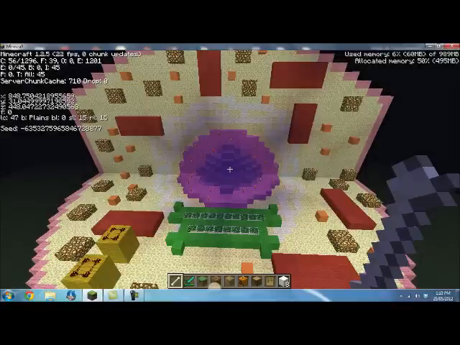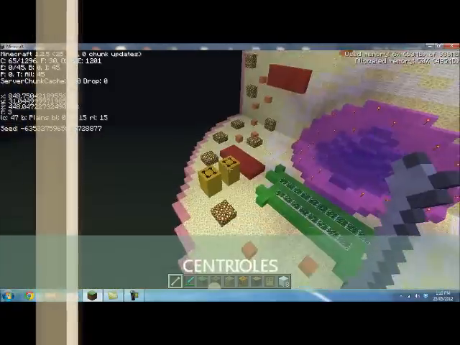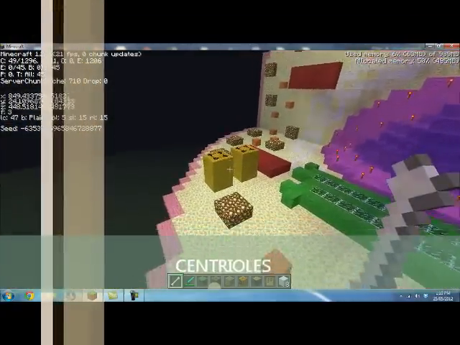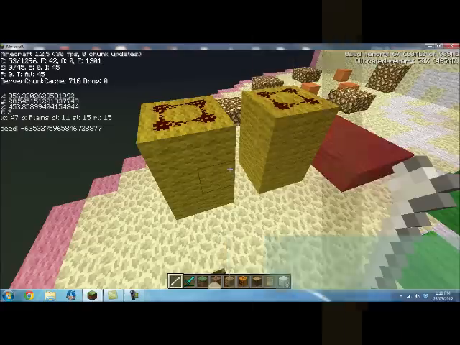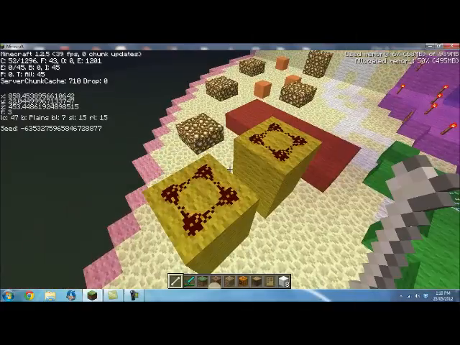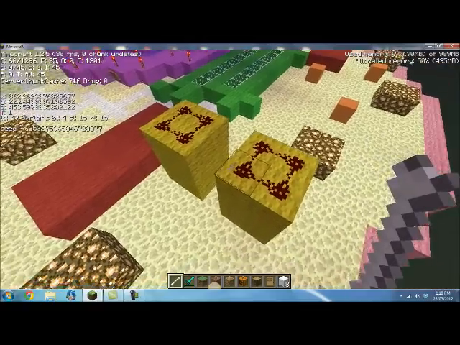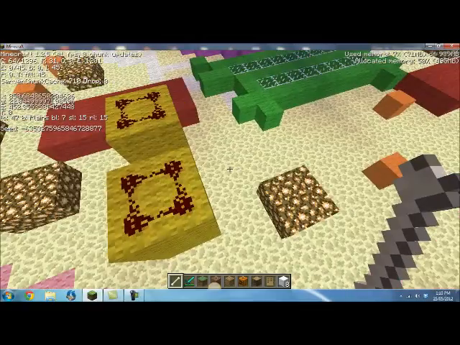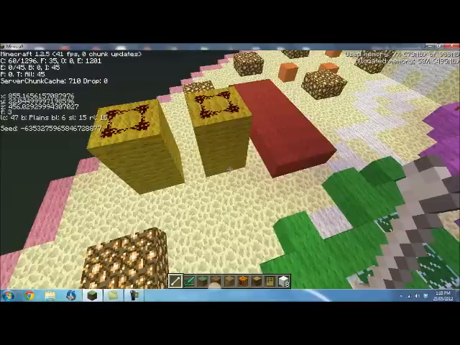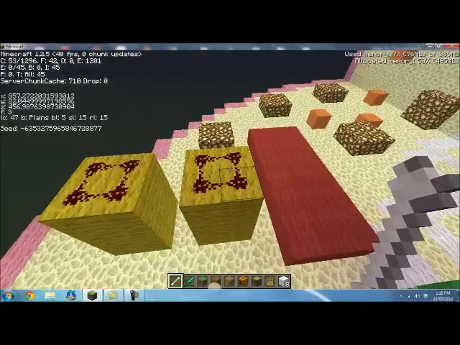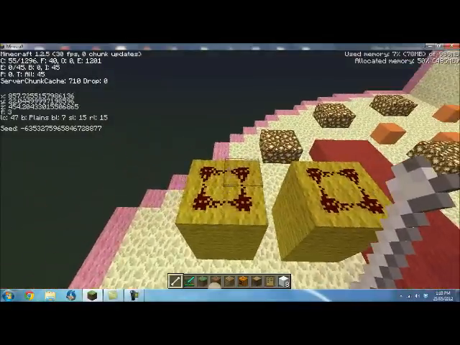Now, centrioles. Alright, love centrioles. These are a pair of barrels that unravel into tubes. I've put these tubes in the top and these in this redstone.